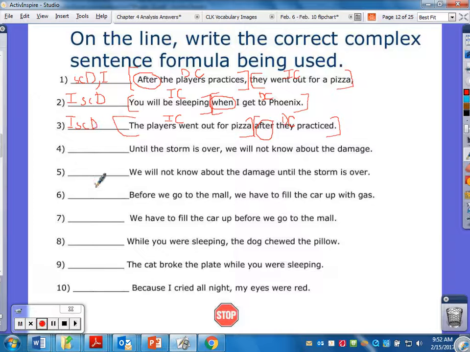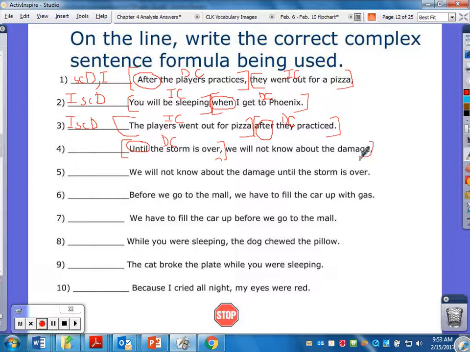Let's do one more together. Number 4. Until the storm is over, we will not know about the damage. Well, I see until, so we're going to go ahead and circle it. That's the headlight. That means our dependent clause is starting. Notice that we have the comma there. Let's make sure the next clause is independent. We will not know about the damage.